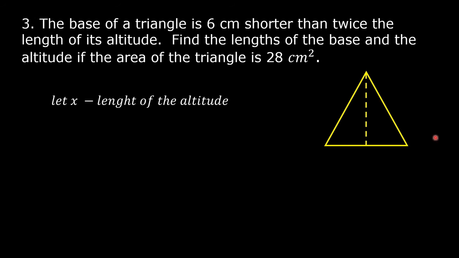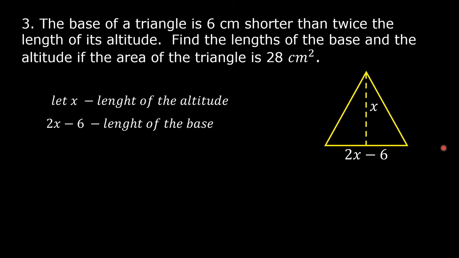Let x represent the length of the altitude. According to the problem, the base is 6 centimeters shorter than twice the length of its altitude. So 2x minus 6 represents the length of the base.